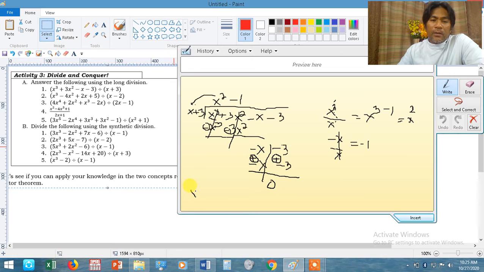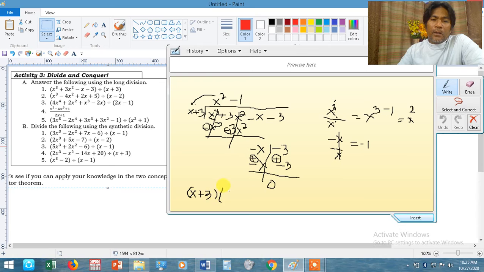Like say, 3 times x squared minus 1. So first, that will give you x cubed, right?